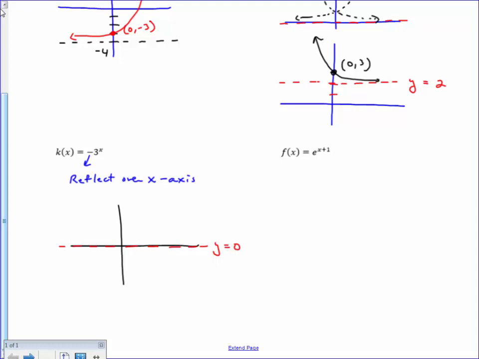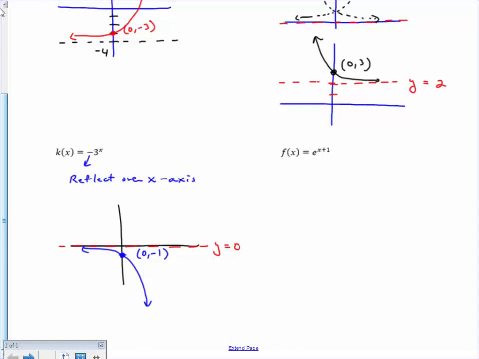If we reflect our graph over the x-axis, that's not going to change. Reflecting over the x-axis will cause my graph now to have a y-intercept below at the ordered pair (0, -1). I still get close on this left-hand side, and then I go decreasing without bound on the right-hand side.